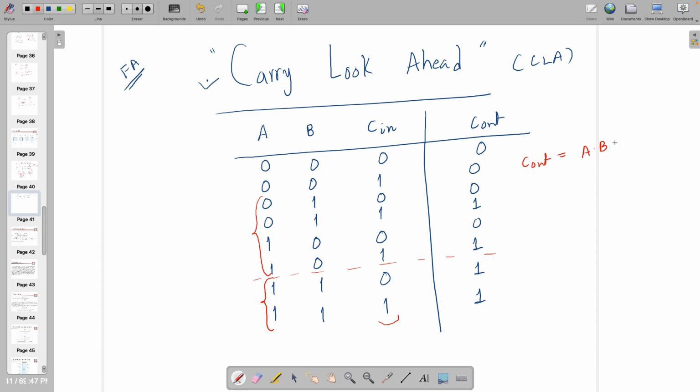So A and B plus the others. If you look at this, it gives 1 when inputs are different.